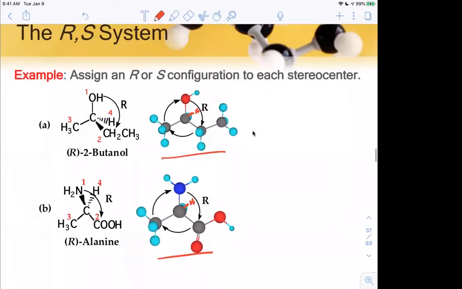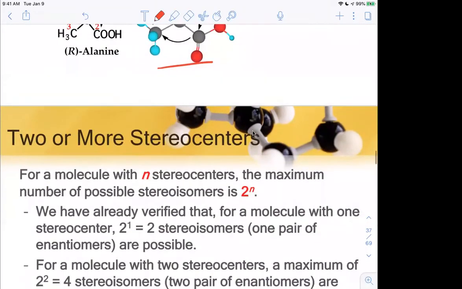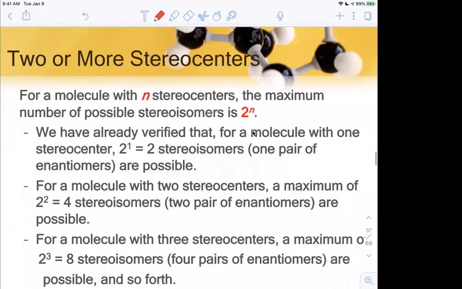All right, at this point, we're going to stop, and then I'll do another lecture where we consider what happens when I have 2 or more stereocenters. I haven't actually talked about that other stereoisomer that's optically active, which is called a diastereomer.